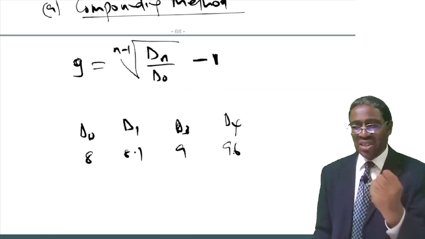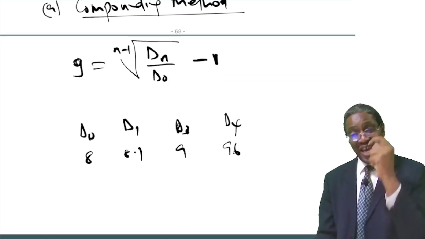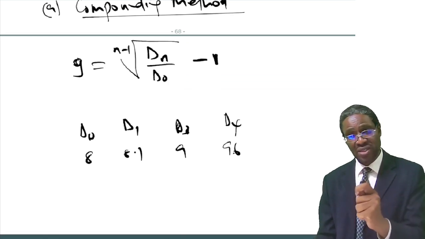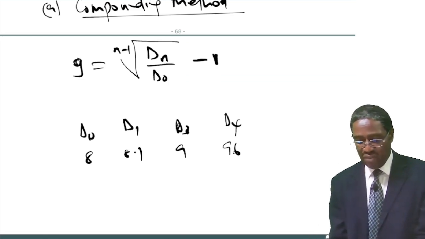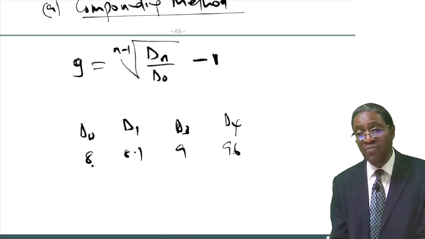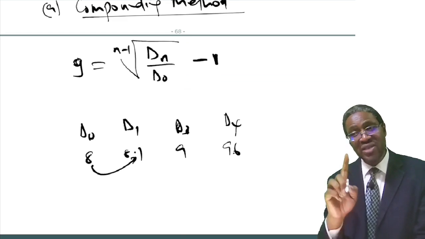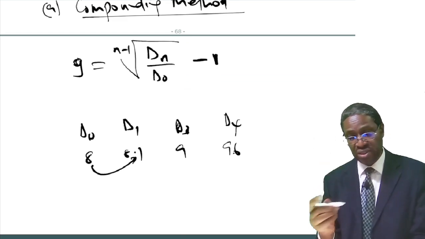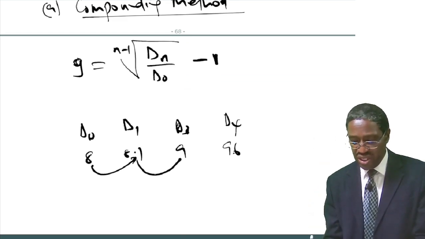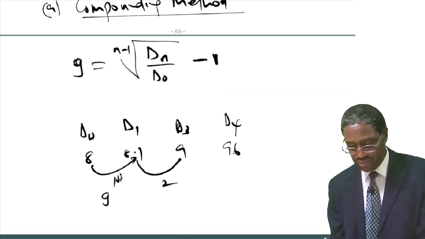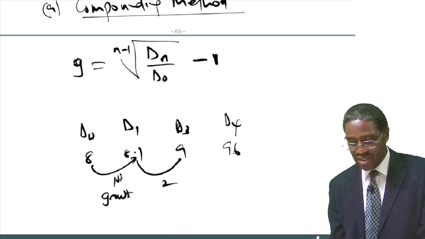So N is 4, and we are looking for the growth rate. The first year, the dividend grew from 8 to 8.1. That became the first growth. From year 2 to year 3, this became the second growth.